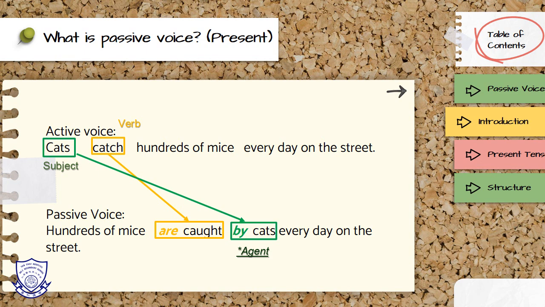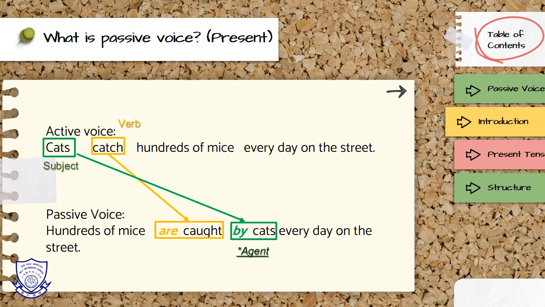You can see by right before cats. On the other hand, catch, the verb in the active voice, is now transformed into a different verb form.